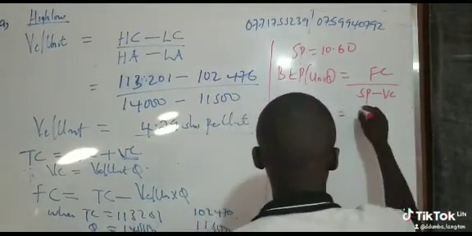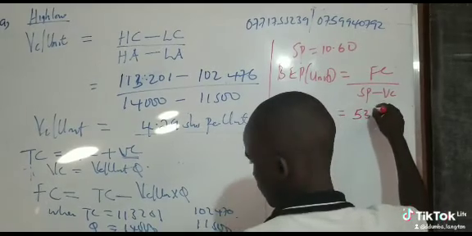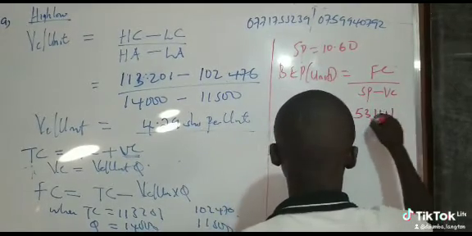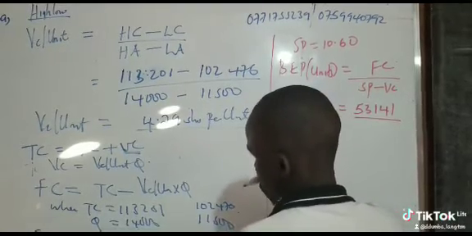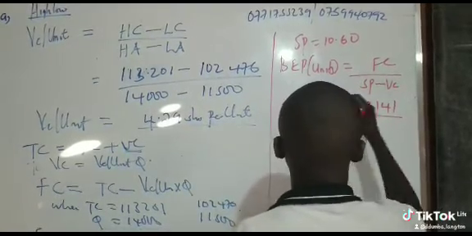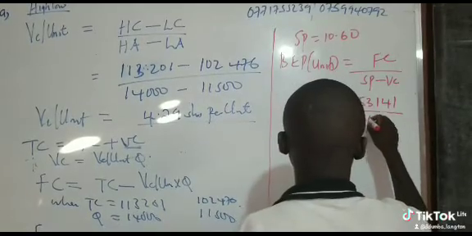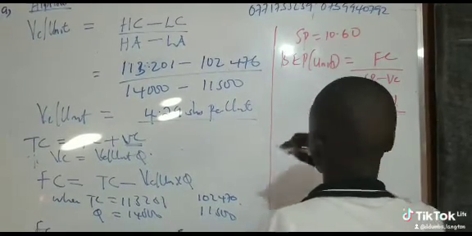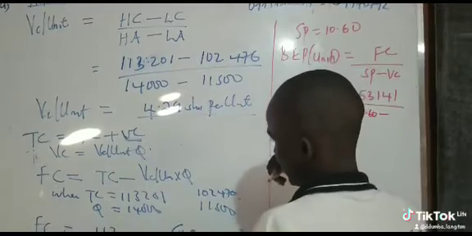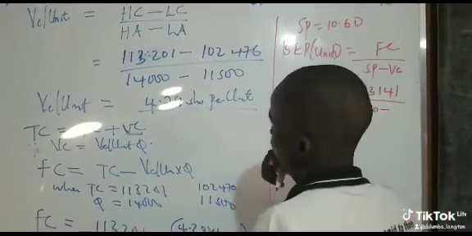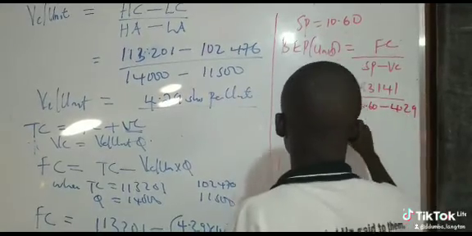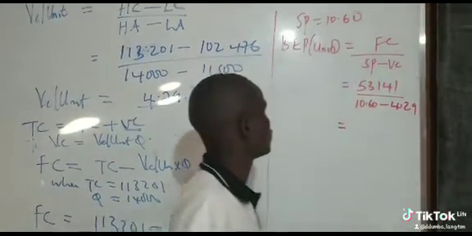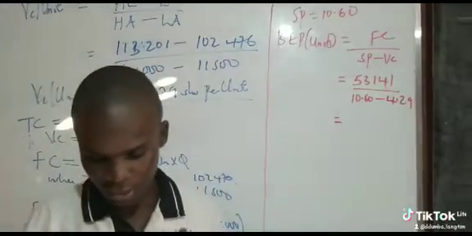The fixed cost is the one we found, 53,141, divided by the selling price, which is already given in the question, 10.60, minus the variable cost per unit, which is 4.29. So this is how we get the BEP in units.